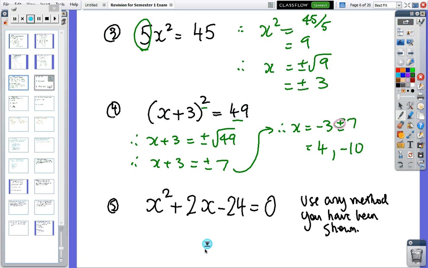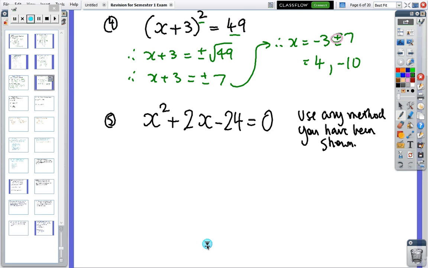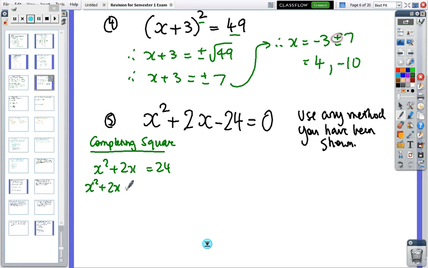Now in the last one, there's a multitude of techniques. I'll do completing the square and I'll do the brackets. So completing the square, you can do whatever technique you like. So we've got x squared plus 2x equals 24. We add 1 because we halve 2 and square it.